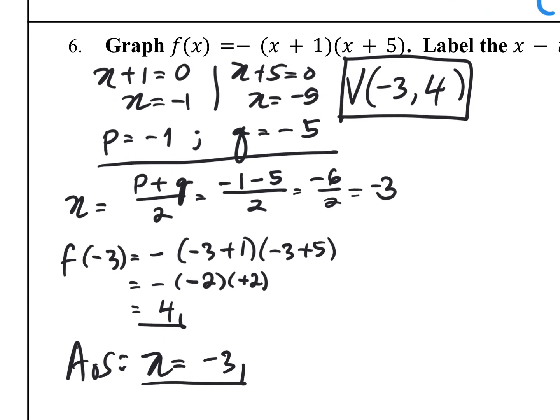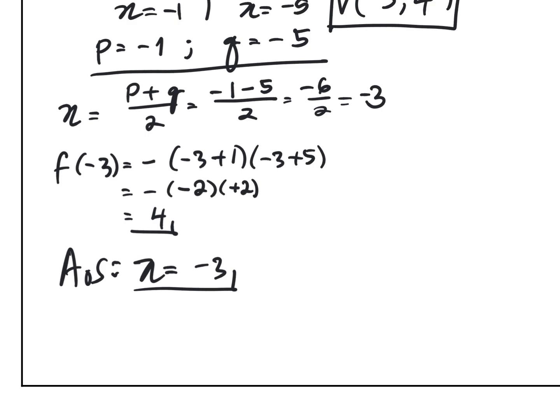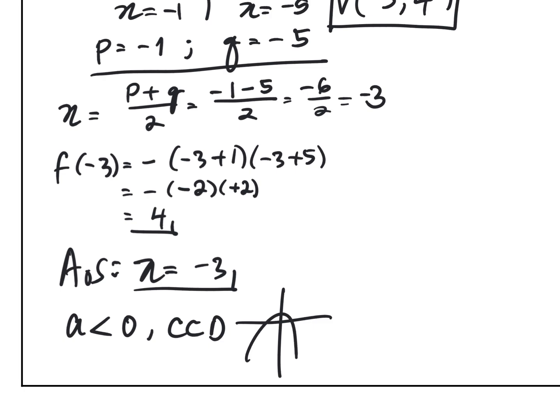Since the value of my a here is negative, a is less than 0, therefore it's going to be concave down. It means it's going to be opening downward. And if that's the case, I'm going to have a maximum value, because the vertex is on top.